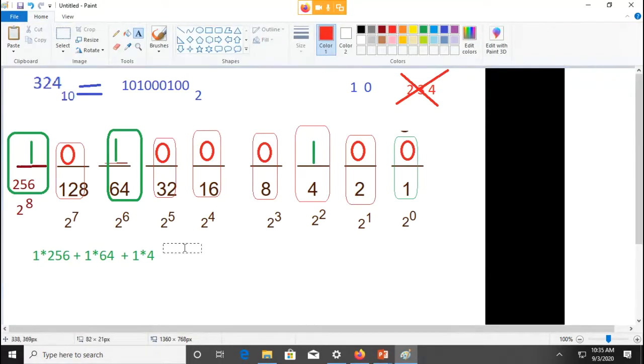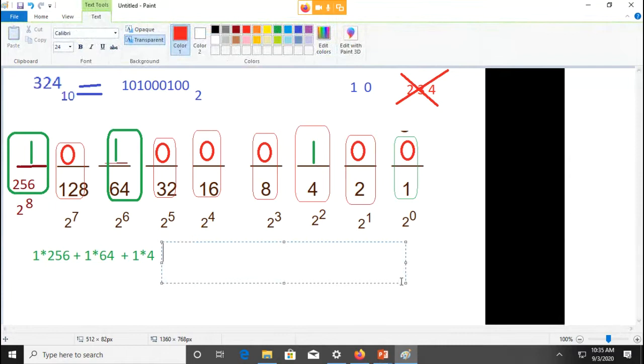Technically, we're still adding 0 times 128 plus 0 times 32 plus 0 times 16 plus 0 times 8. I'm just spelling it out here so you can see we are doing that, but of course that's all 0. Plus 0 times 2 plus 0 times 1.